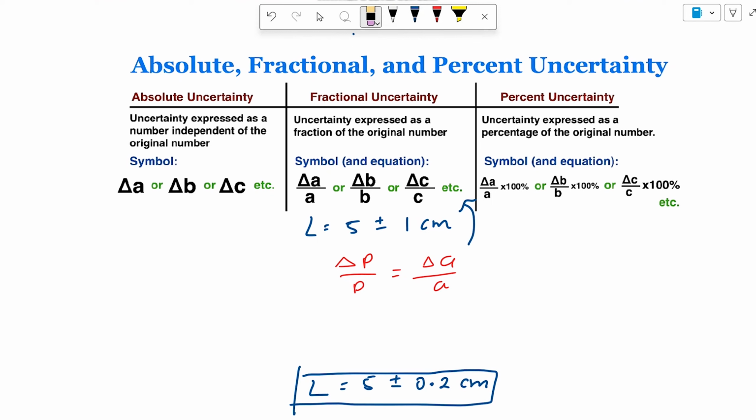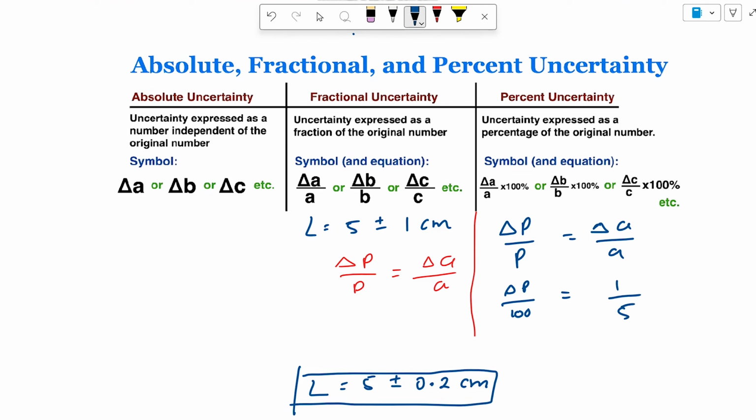So let's just find your percentage uncertainty. I'm just going to write the formula again. So delta P over P is equal to delta A over A. Delta P over 100 is equal to 1 over 5.